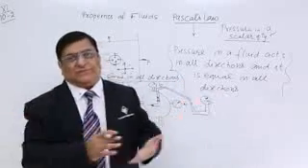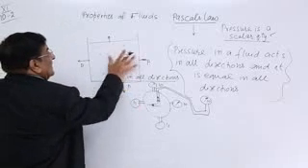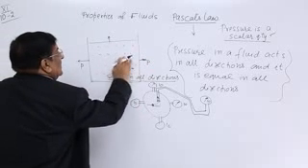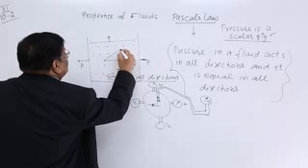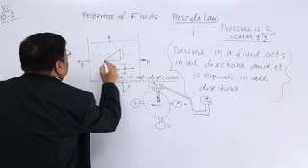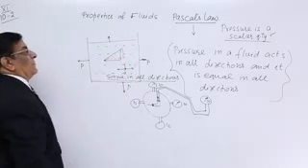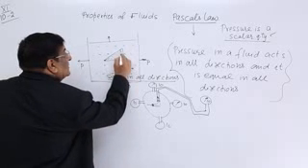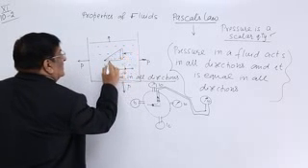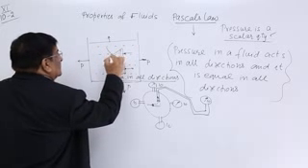This is Pascal's law. If I put a solid in a fluid, and that solid is this shape, just like a sandwich. On this surface, this is the pressure. On this surface, this is the pressure. On this surface, this is the pressure.